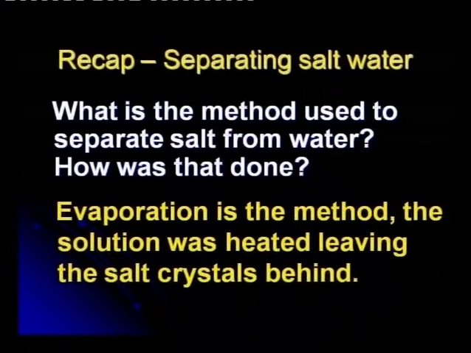The method that you used, or the process, is called evaporation. The salt solution was heated, leaving the salt crystals behind. So that was your activity that you did in your last lesson.